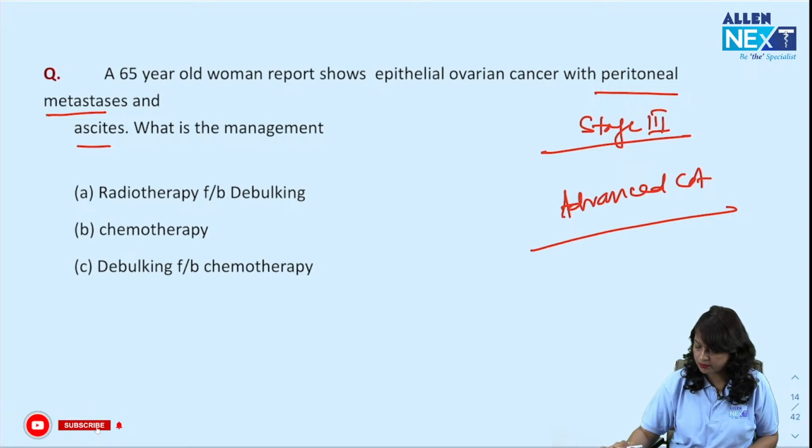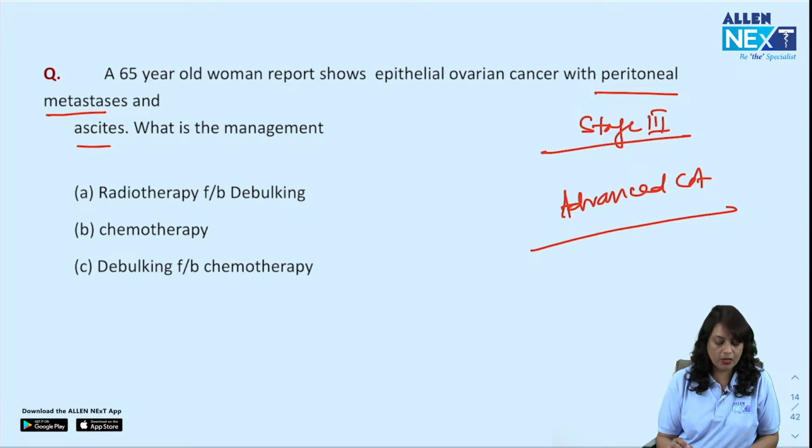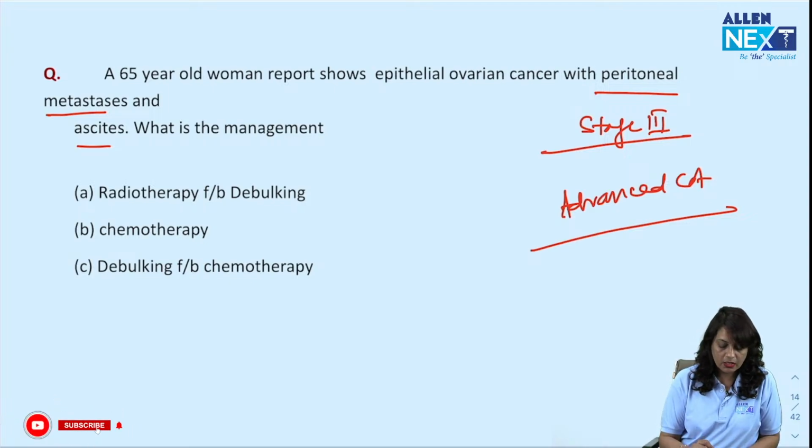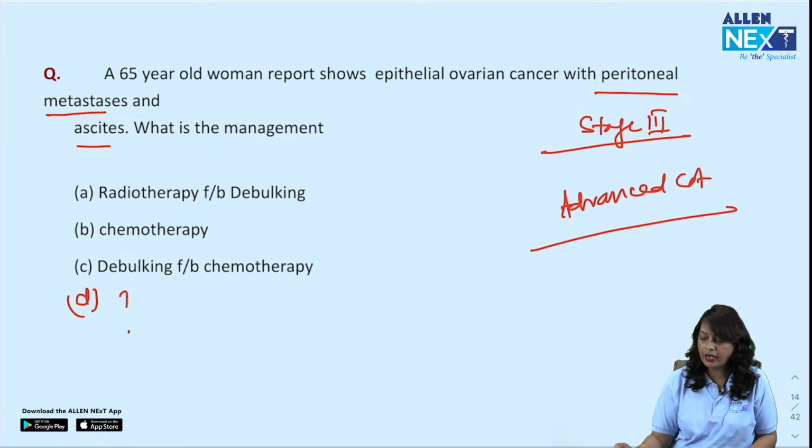The options given to me are radiotherapy followed by debulking, chemotherapy, debulking followed by chemotherapy. So, what is the correct option?